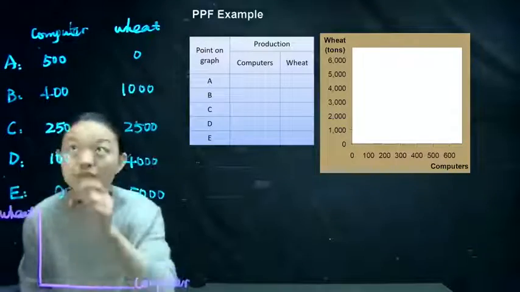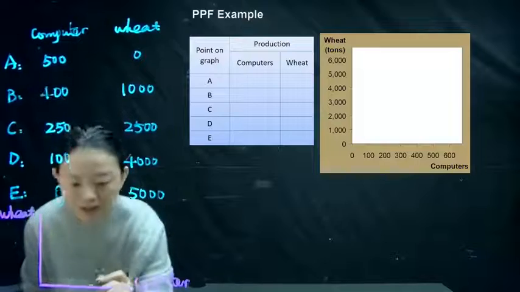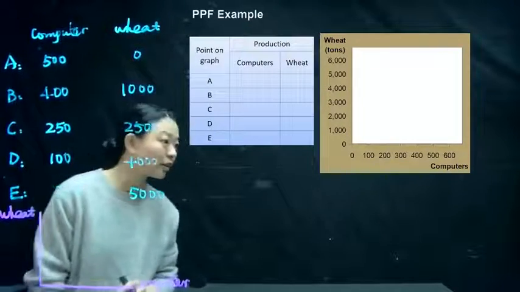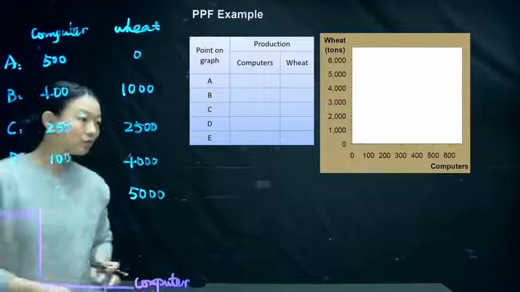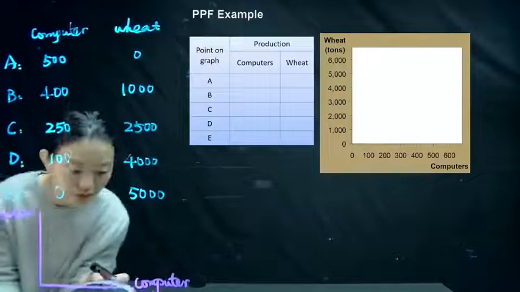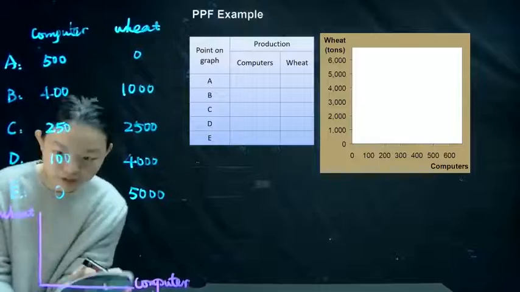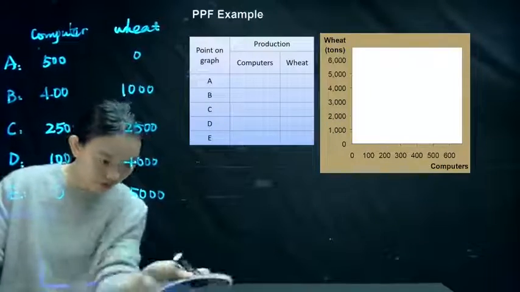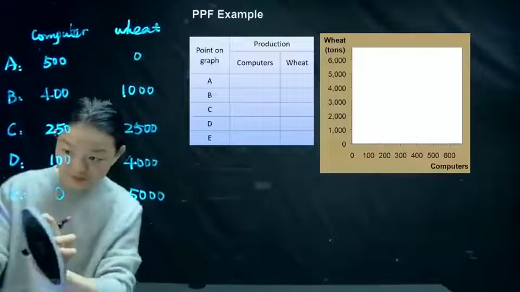So for computers, point A, we have 500 computers. Let me see, it seems that you cannot see 500 here, so let me just move this graph a little bit higher, okay?